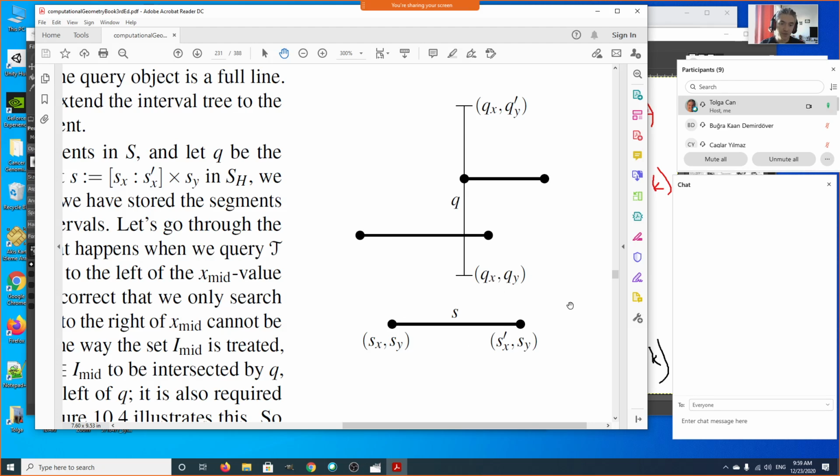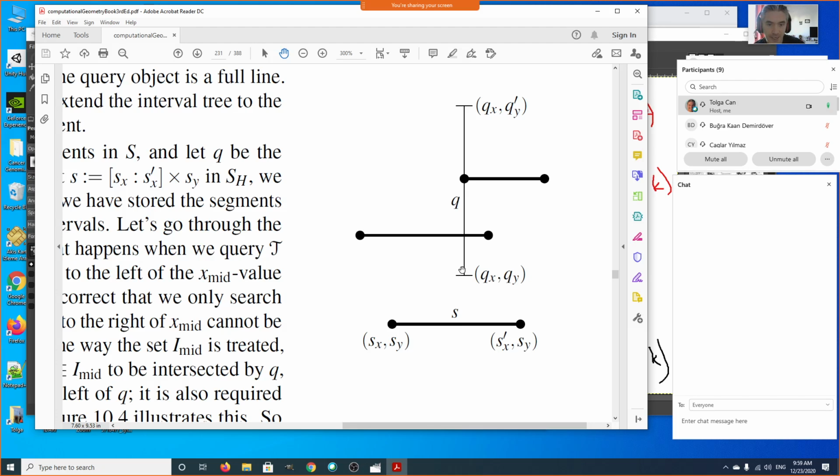So the problem now becomes: given a set of horizontal line segments and a vertical boundary, like a vertical line segment, report the horizontal line segments that intersect with this vertical line. This is our problem.